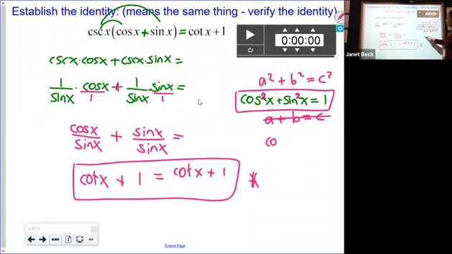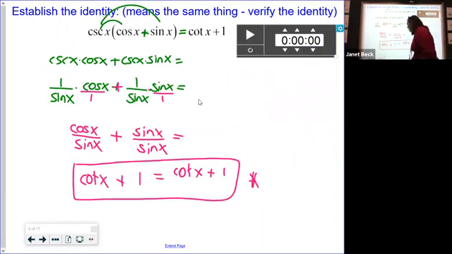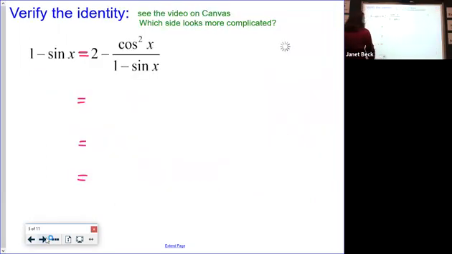It is absolutely not true that cos x plus sin x equals 1. That is not true at all. The Pythagorean identities only hold if you've got something squared, a sum of squares equal to the other side. Great question. Glad you asked that. Let's put you back on that one.